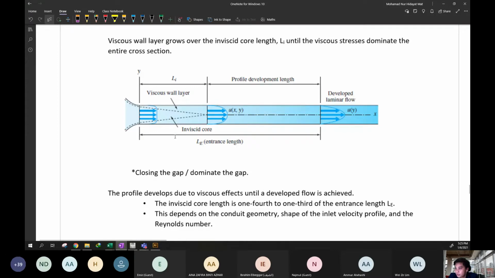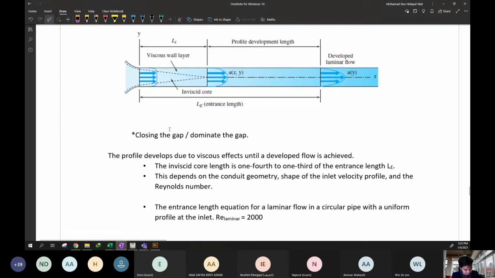So what happens is that when the flow continues to flow, this viscous wall layer will try to close the gap, until there is no more inviscid core. That is why the viscous wall layer tries to close the gap when the flow continuously flows through the pipe.